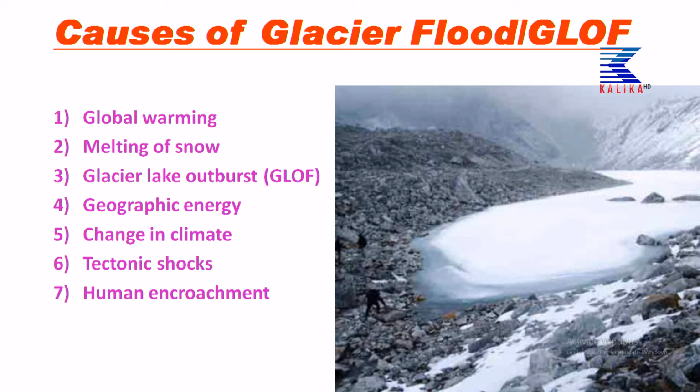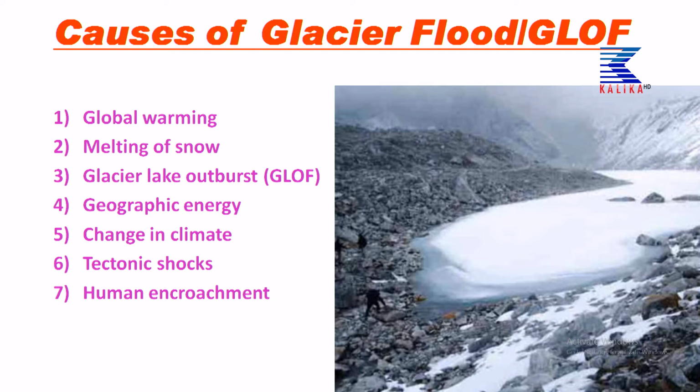Geographic energy. The energy inside the earth is a very important point to talk about regarding explosion of the glacial lake and formation of the flood. For example, if the energy inside the earth makes the earth shake, that may cause the explosion or may cause the melting of the ice, that obviously causes the glacier floods.